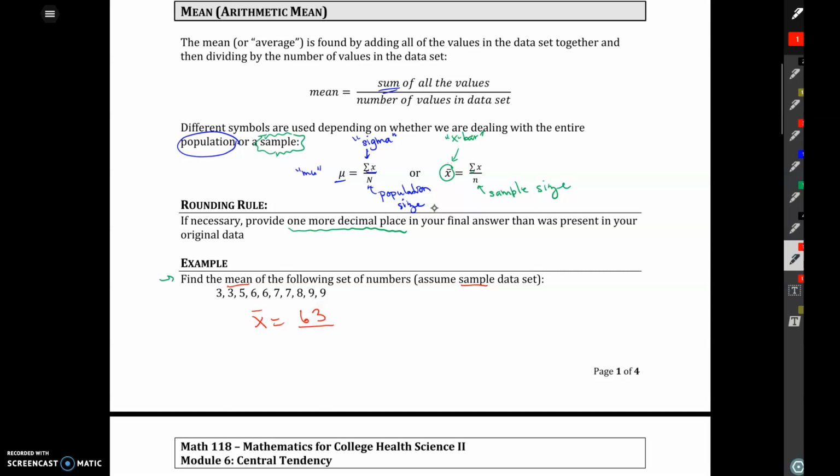I have to divide that by the total number of values in my data set, and I have 10 values. So that comes out to 6.3. I can write my final answer like that. Notice I've got one more decimal place than in our raw data.